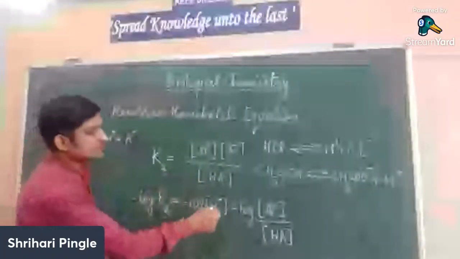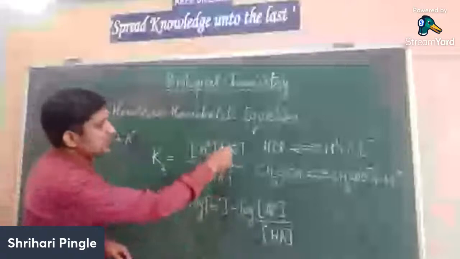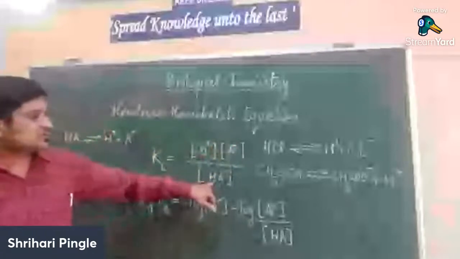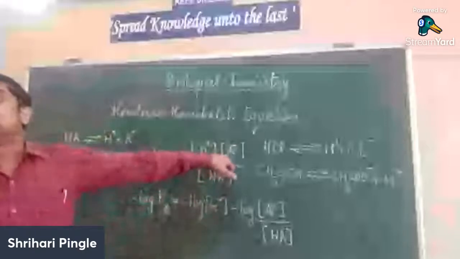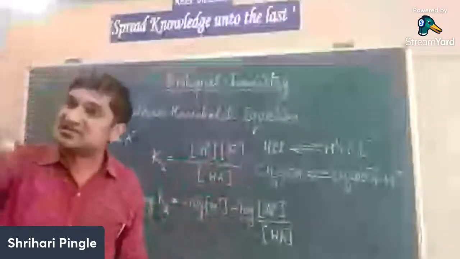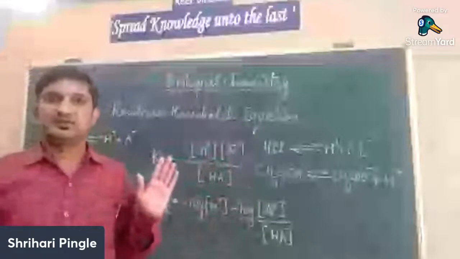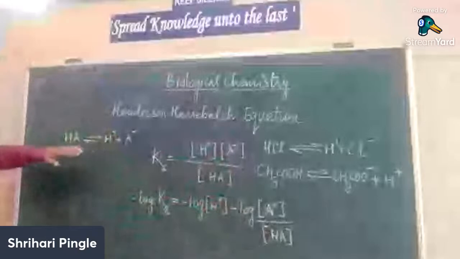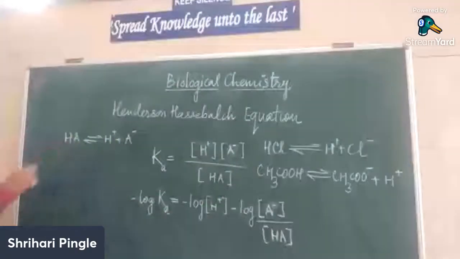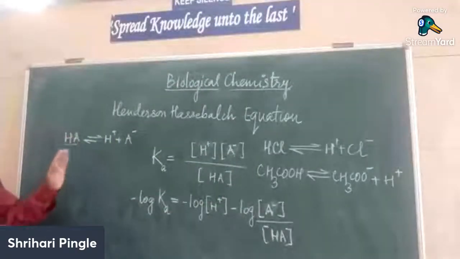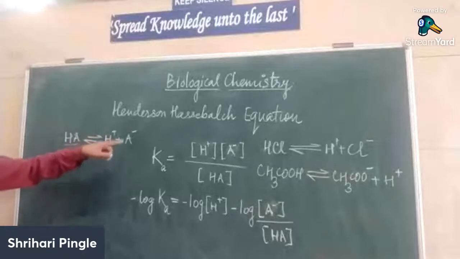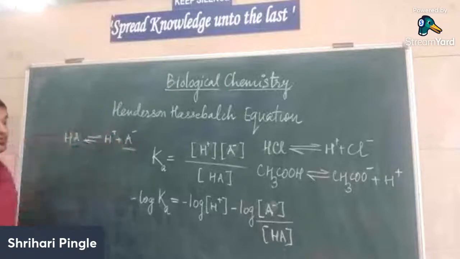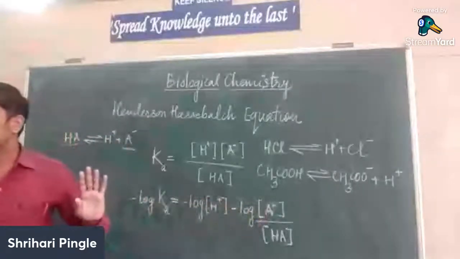So this comes as minus log H plus minus log A minus concentration upon concentration of HA. So this is the concentration of acid, and you call this the conjugate base of that. If you can see here on the board, this is acid. When the acid dissociates, it produces hydrogen ion and its base. So this is called the conjugate base of the acid.